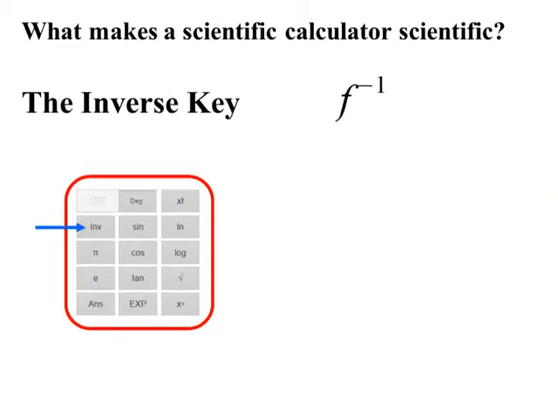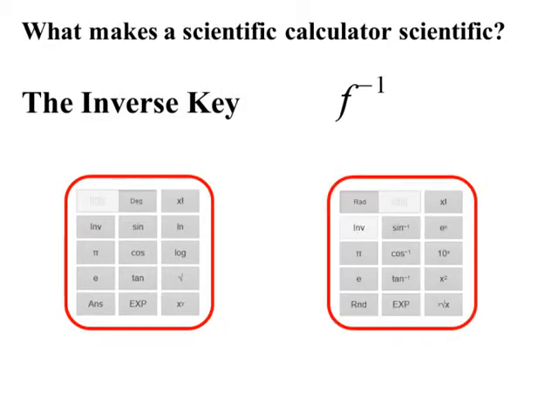Almost all scientific calculators have an inverse key labeled f to the negative 1, or in this case, inv. For example, the square root function is the inverse of the square function. You can see how they both fall in the same position once you hit the inverse key. We'll have more examples in a minute.